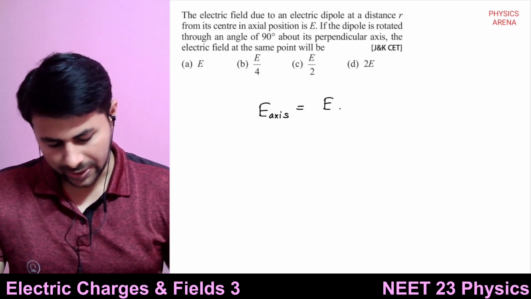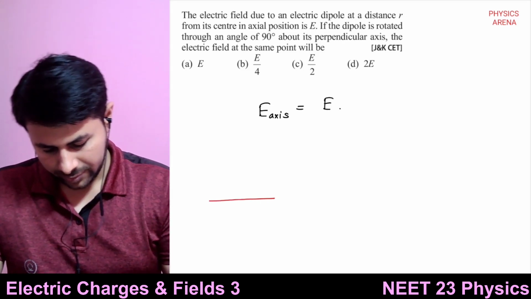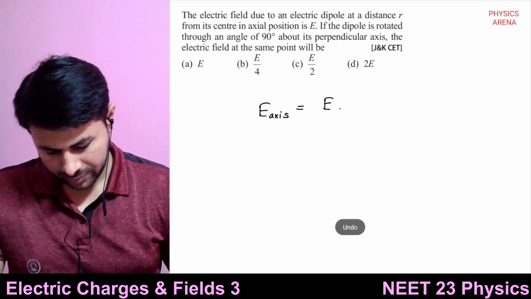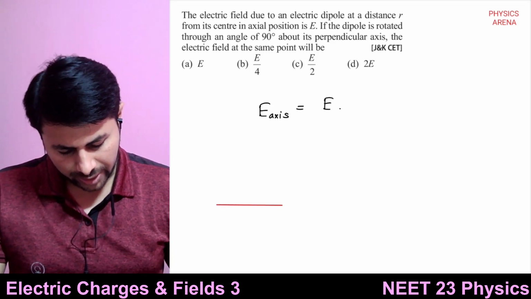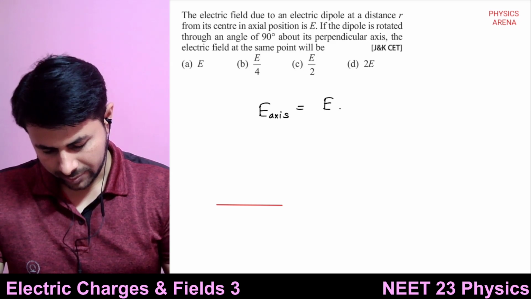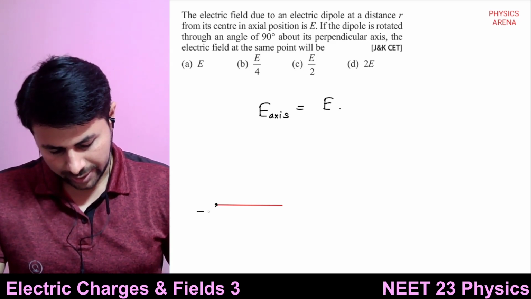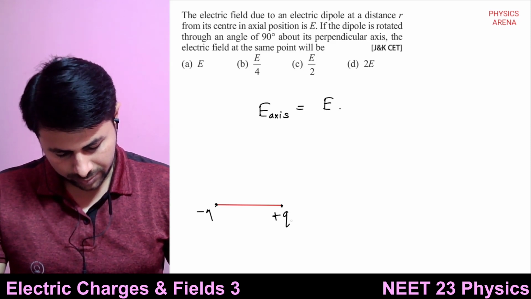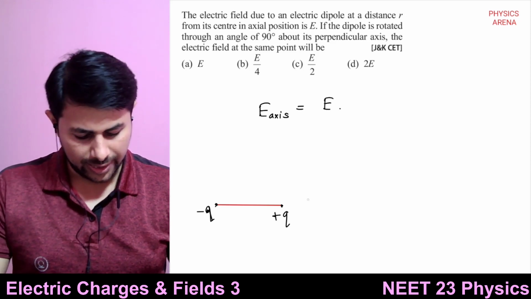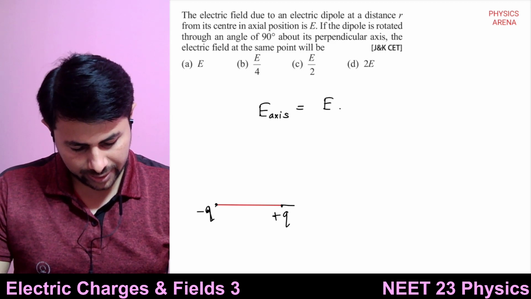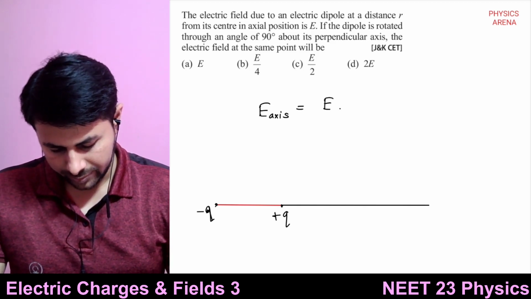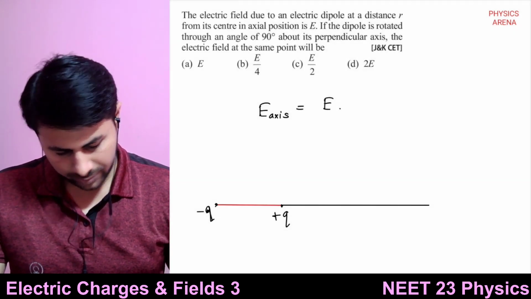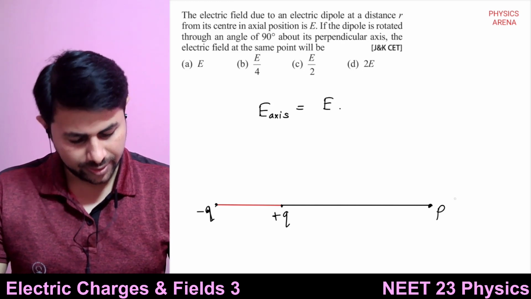Right. Dipole is like this. This is your dipole. Okay. Minus Q, plus Q. And the electric field at an axial point at this point. Okay.